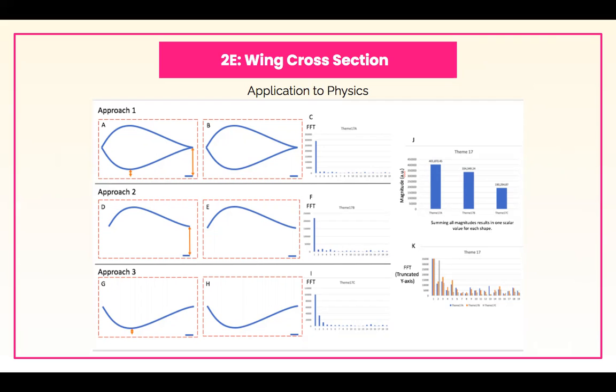Here, we can quantify both the top and bottom edge of the airfoil as seen in panels A, B, and C, or we can quantify just the top edge of the airfoil as seen in D, E, and F, or just the bottom edge as seen in panels G, H, and I. Any shape that needs the optimization of fluid flow around it or fluid mechanics can be precisely and quantitatively modeled by using the LCPC transform. We'll be looking at more applications in the future.